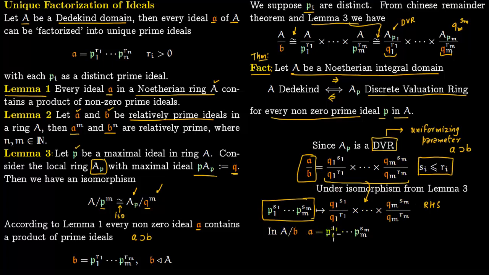A is just P1 S1 all the way to PMSM, and there is a one-to-one correspondence between the ideals which contain B and the ideals of this ring.